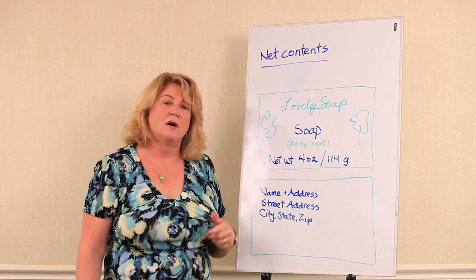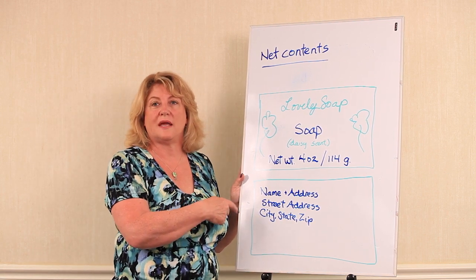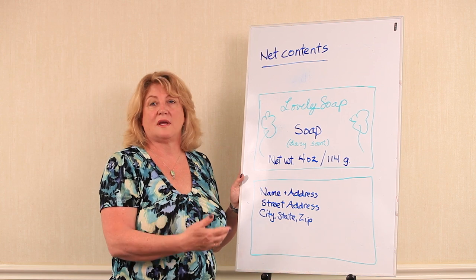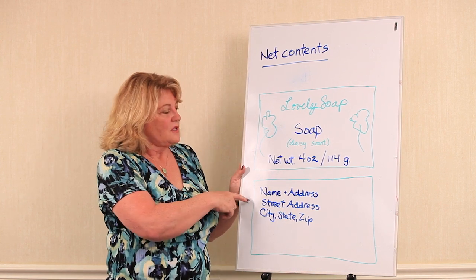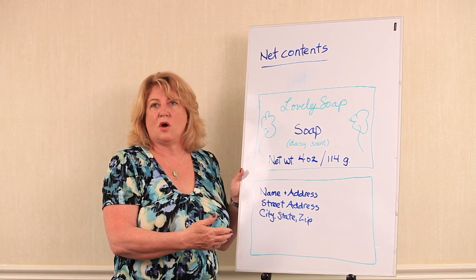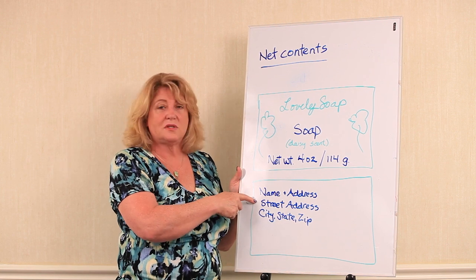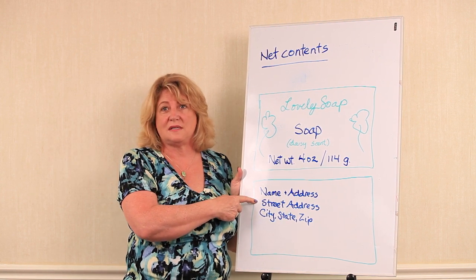Now, some people have trouble with the idea of putting their home address on the label if they are working out of their home. The name and address has to be where you're actually doing business. You can't do a P.O. box or mailboxes, etc. So you have to put the street address of where you're actually doing business.